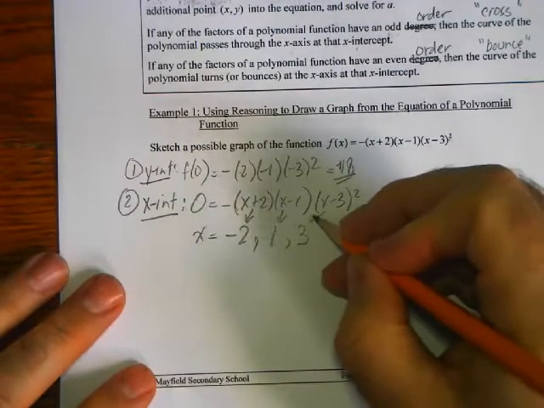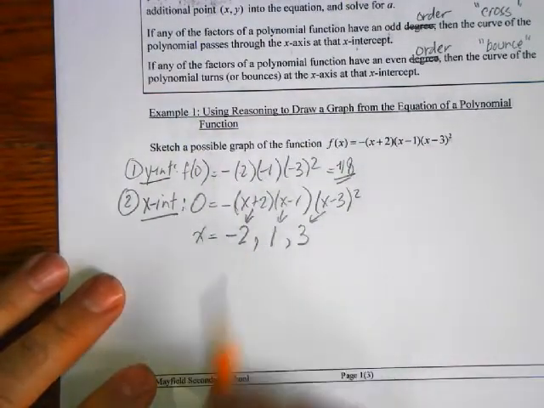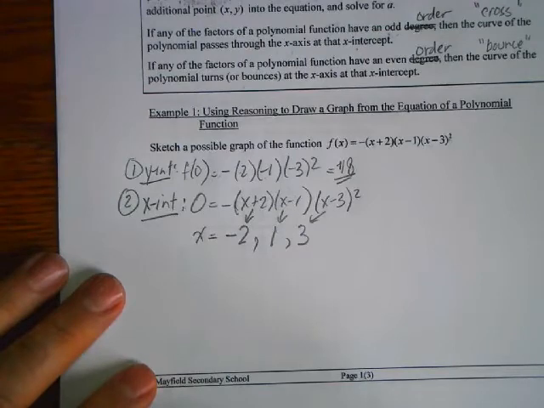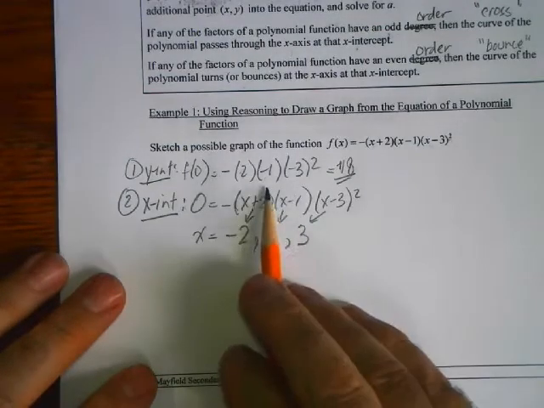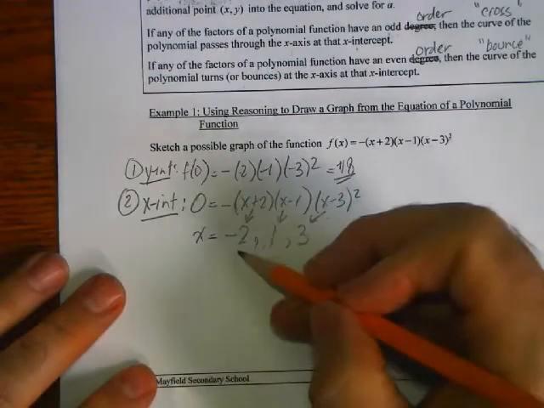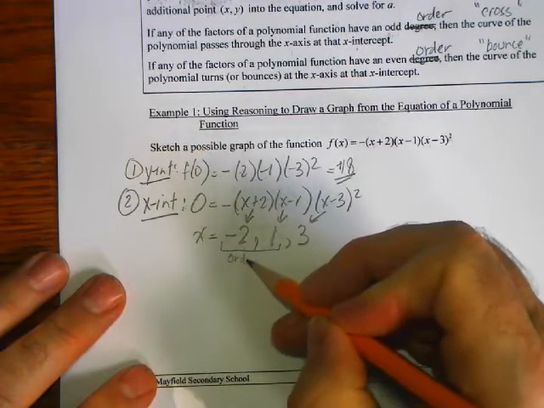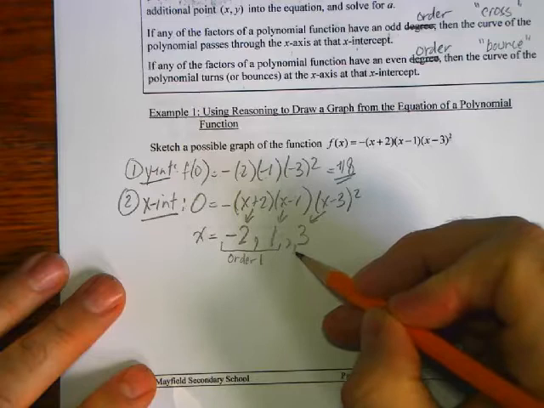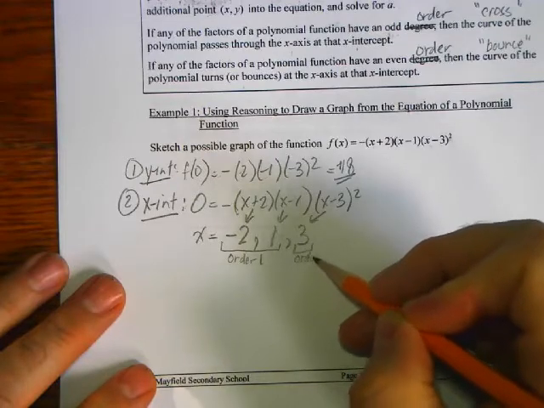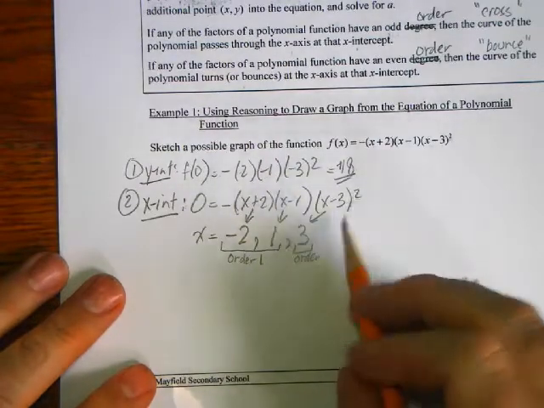So we've got 3 different x-intercepts. Now what I want to talk about here is the order, which is basically the exponent for each of the factors. So these 2 x-intercepts have order 1, and this one has order 2 because it's got a square there.